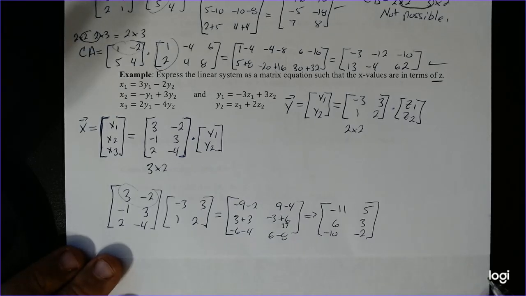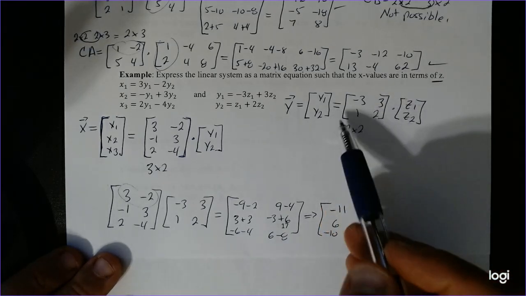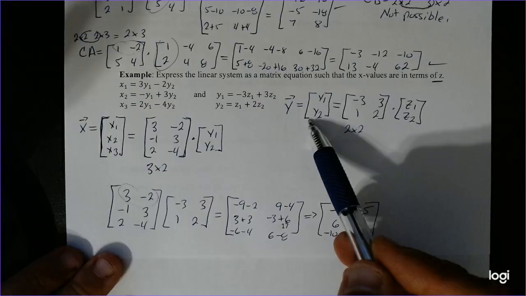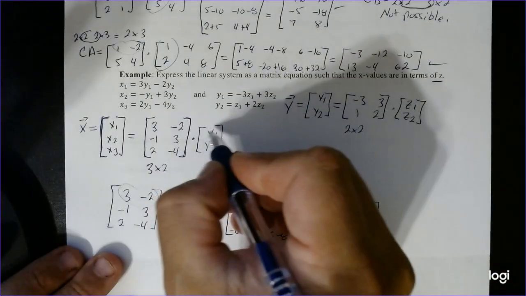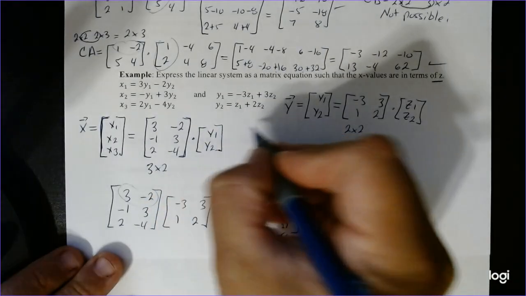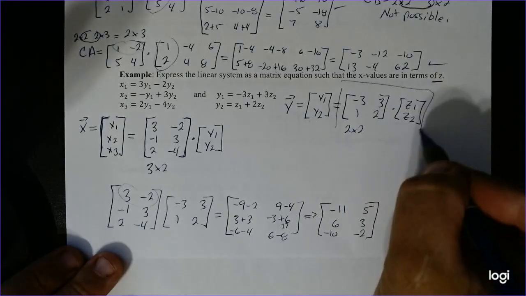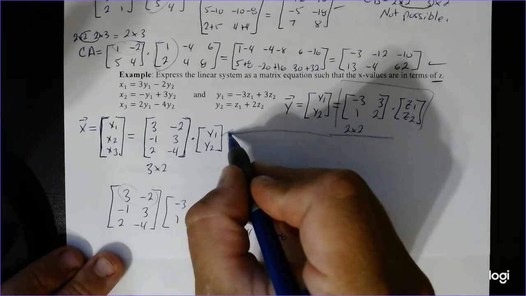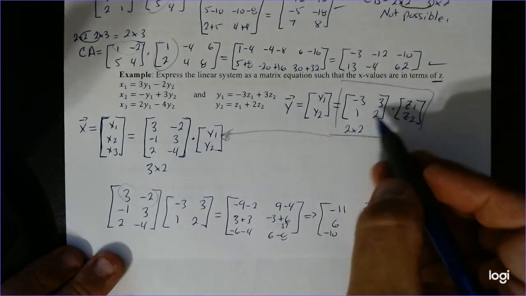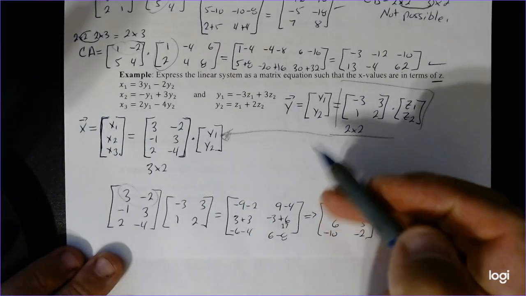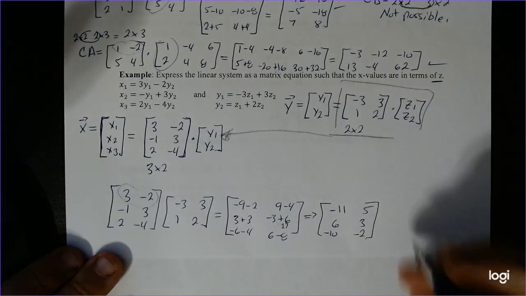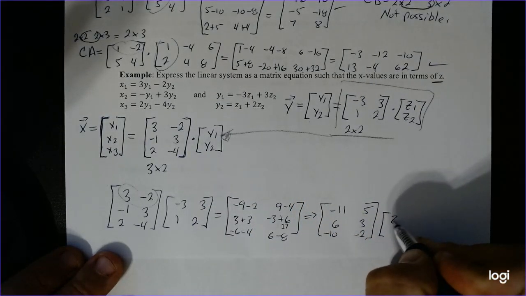Okay. Now, what we end up doing is substituting all of this right there. So that's why we multiply the coefficient matrices. And what's attached at the end is the z.